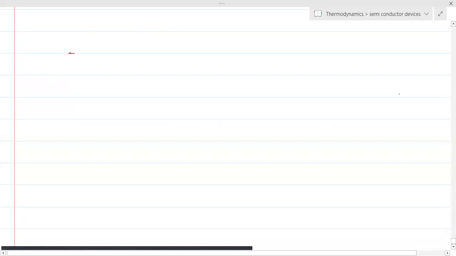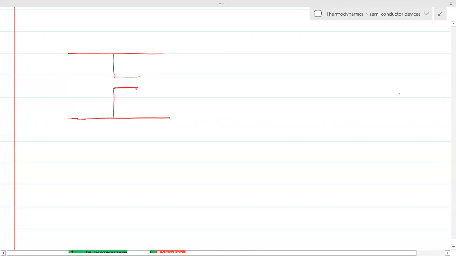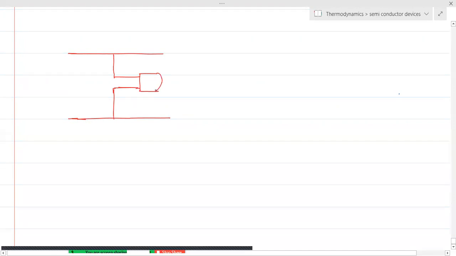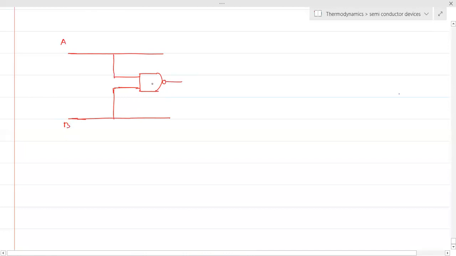For example, I'm taking this. This is another previous year's question. So this is A and this is B. So this is AB and this will be AB bar.